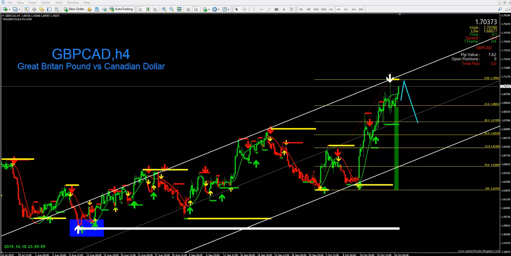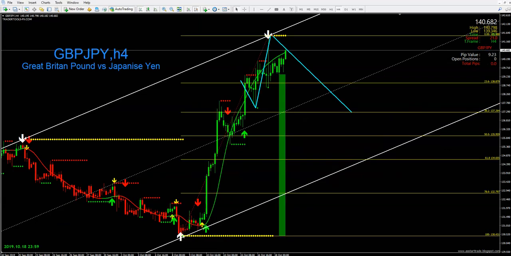All right. So I know I have a lot of GBP in here, and again, you can analyze some of them, and if you like it based on whatever rules you have, you are more than welcome to go ahead and take those trades. But this is the Great Britain versus the Japanese yen.